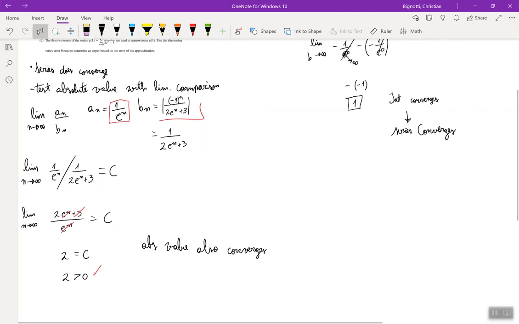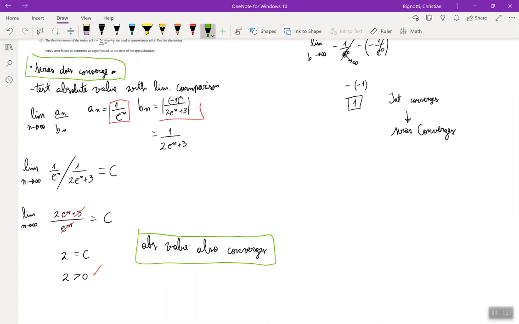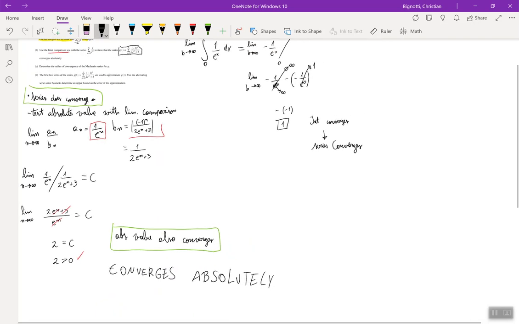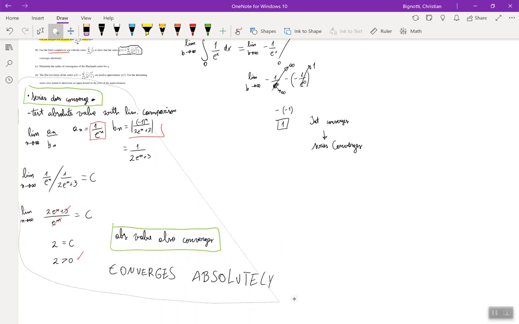And if the series converges and the absolute value converges, that means it converges absolutely. And we just proved that, which is what they were asking for. Moving on to C now.